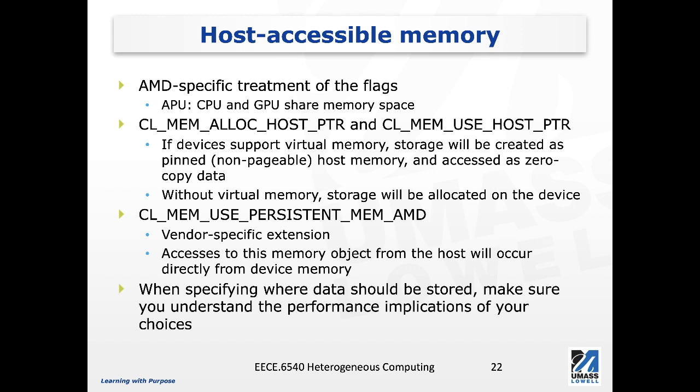So CL_MEM_ALLOC_HOST_PTR and CL_MEM_USE_HOST_PTR will be essentially the same, because if the device supports virtual memory, which is the shared memory space between the CPU and GPU, the storage will be created as pinned host memory, and it will be accessed using zero copy. If no such virtual memory is enabled or available, then storage will be allocated on the device side.